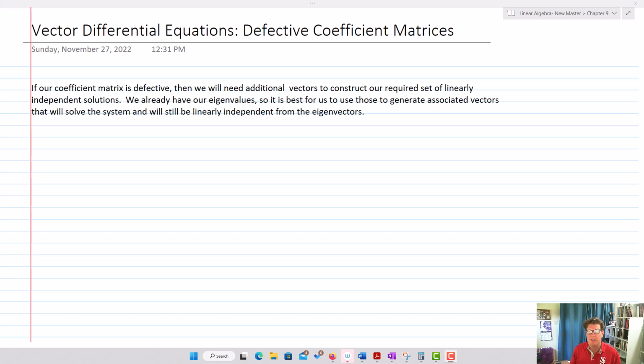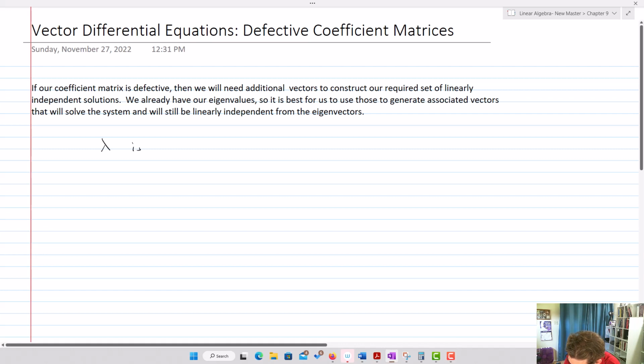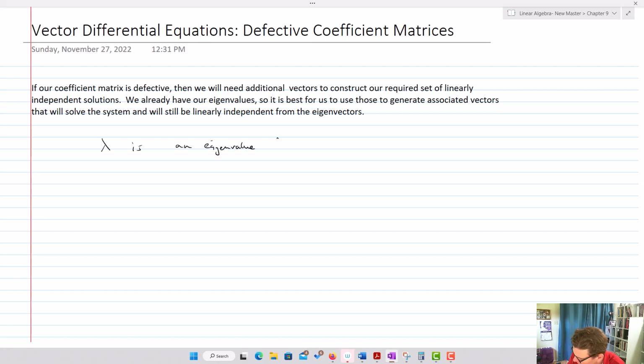We're going to develop a set of vectors that we can attach to our e to the lambda t's to give us the solutions to our systems. Okay? And what we're going to suggest is we've got A. We're going to have lambda is an eigenvalue for A, and v naught is an eigenvector associated with lambda.